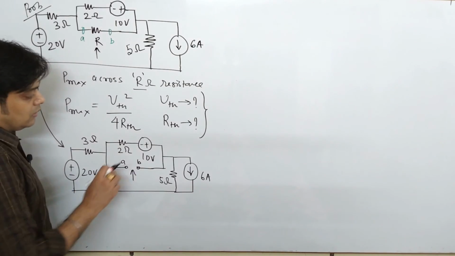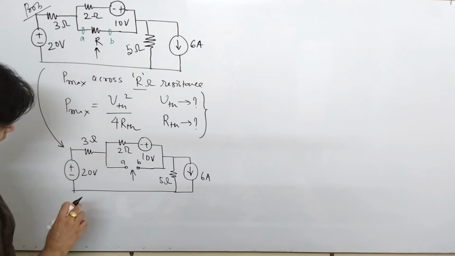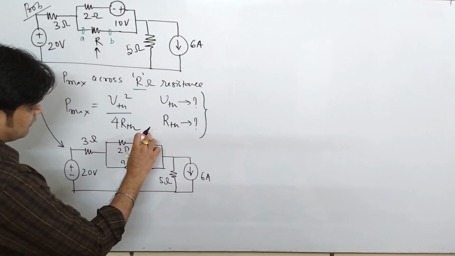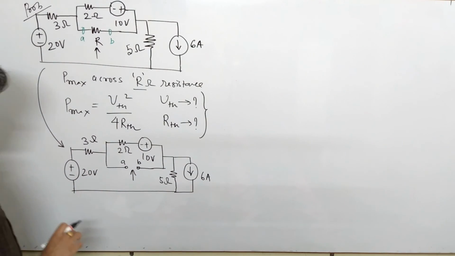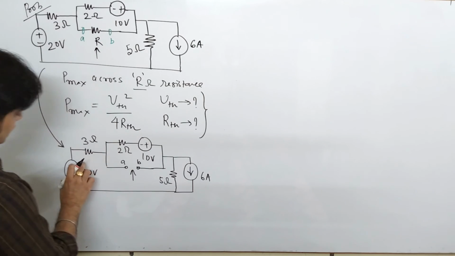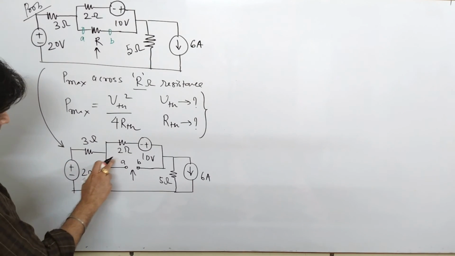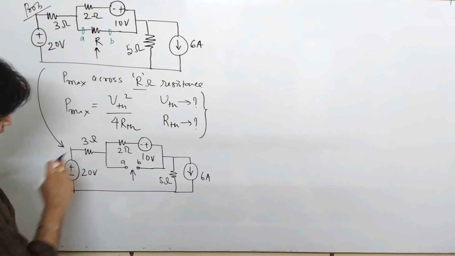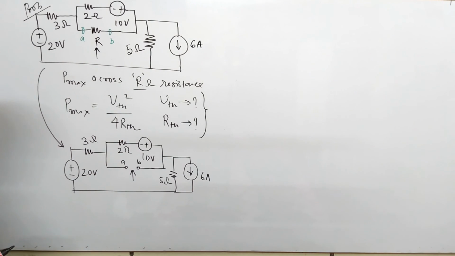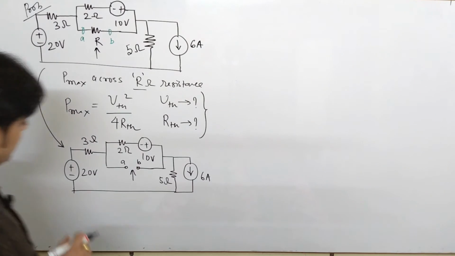As we all know, we find the Thevenin resistance by making all voltage sources short circuited and current sources open circuited. So once these sources get short circuited, this is your 2 ohm resistance, and this is your 3 ohm resistance. We will redraw this network.